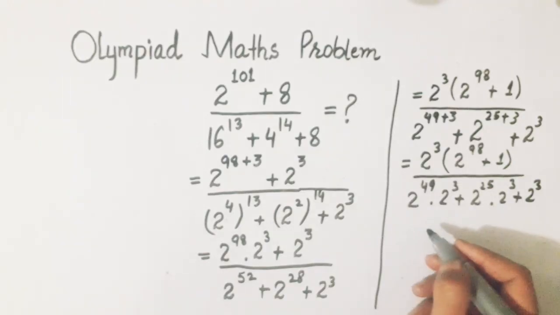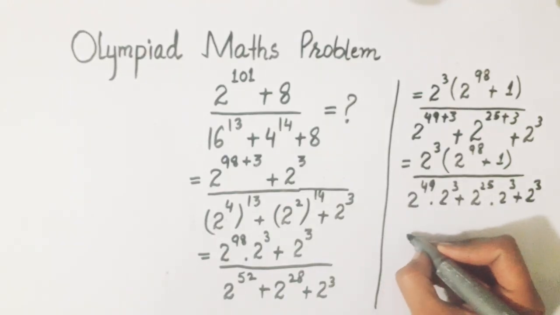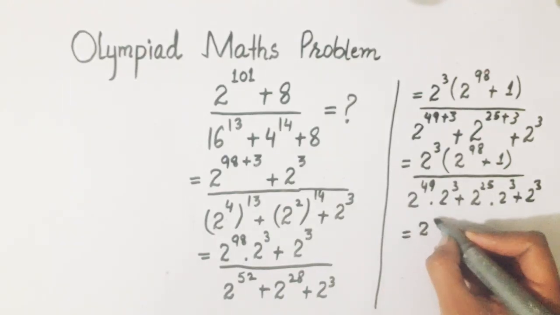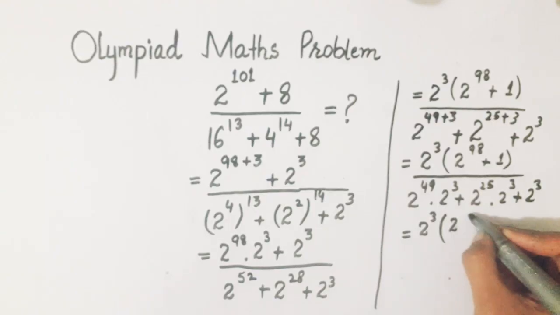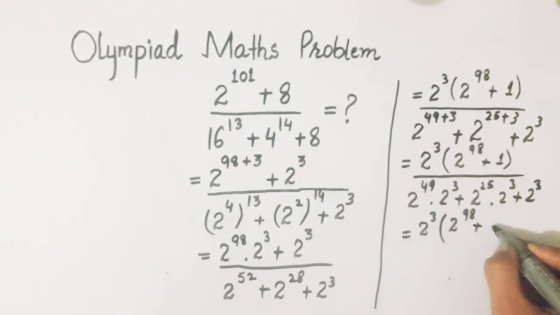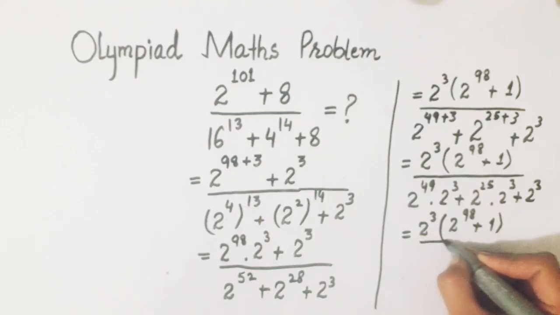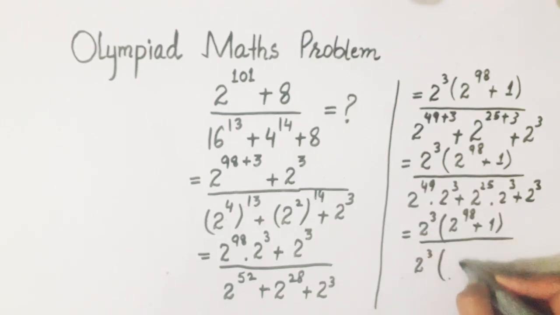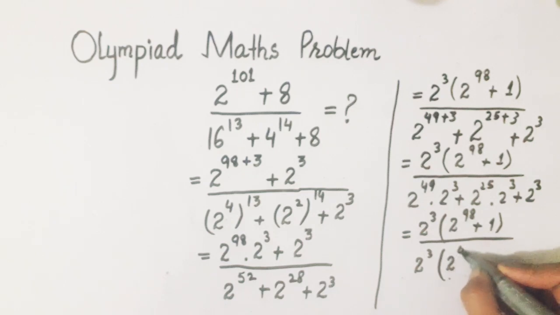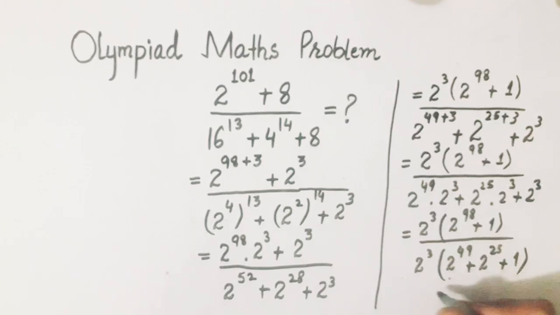Now take 2 raised to power 3 as common. So remaining is 2 raised to power 98 plus 1, and from the denominator we have 2 raised to power 3 as common, so remaining is 2 raised to power 49 plus 2 raised to power 25 plus 1. So 2 raised to power 3 and 2 raised to power 3 cancel out.